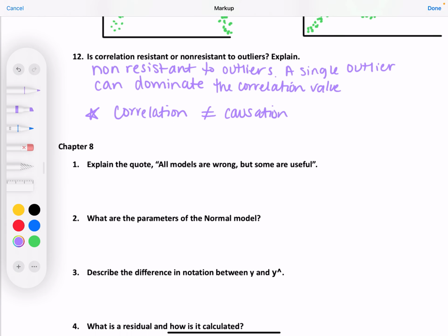All right, explain the quote: all models are wrong, but some are useful. Models are never completely accurate, but sometimes they're useful.